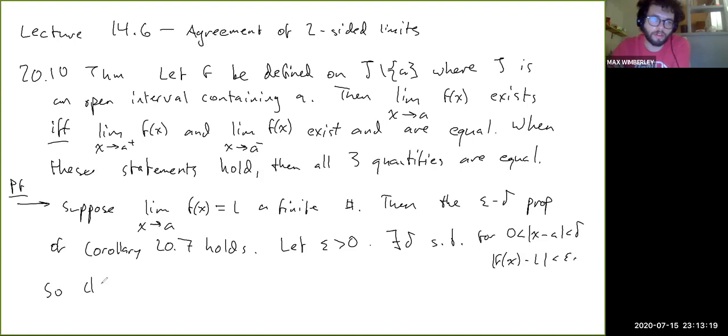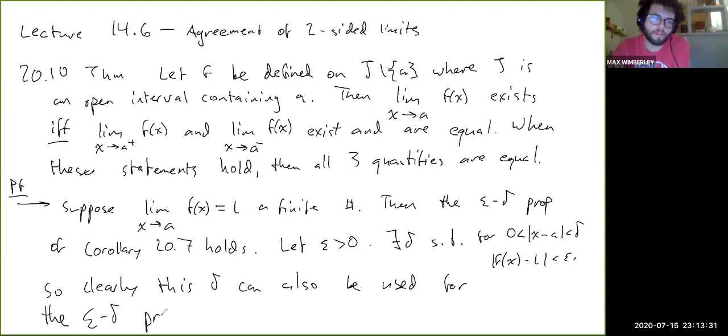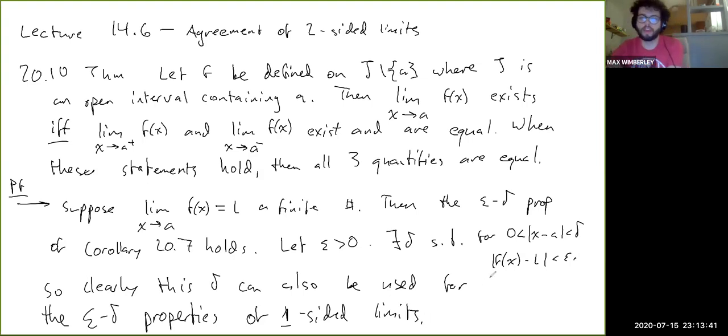So clearly this delta can also be used for the epsilon-delta properties of one-sided limits. And of course, in both cases, we end up using the same value L in the property as well.